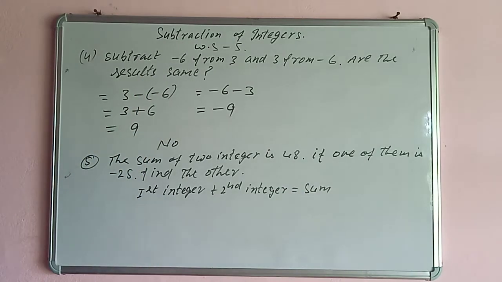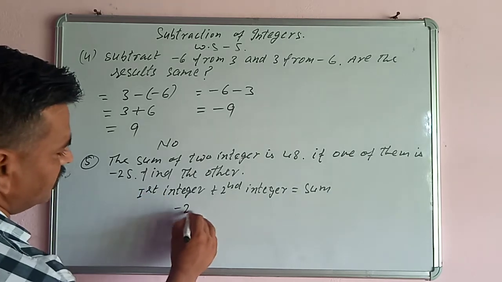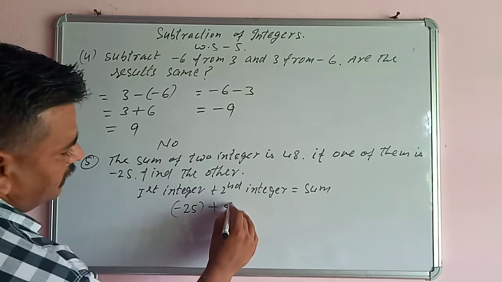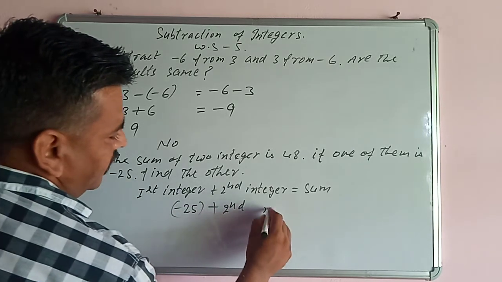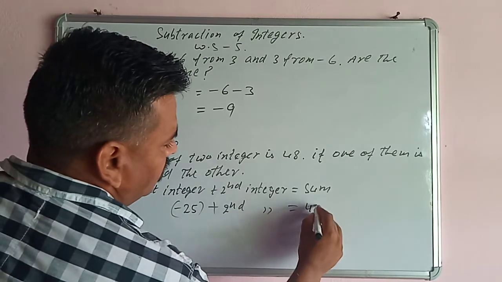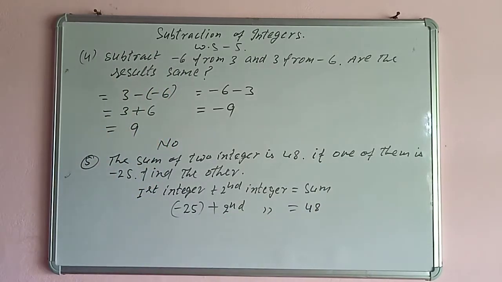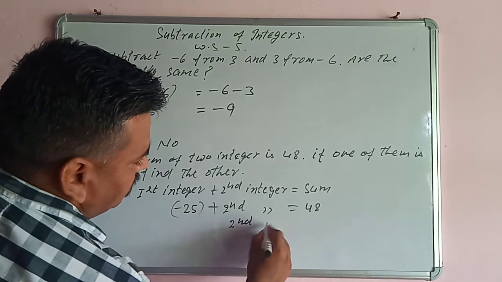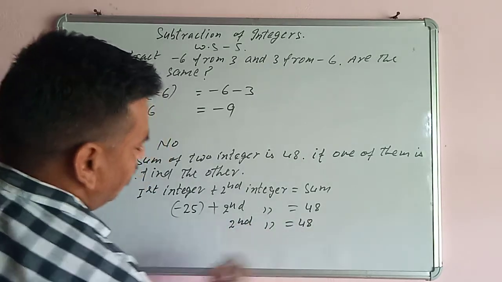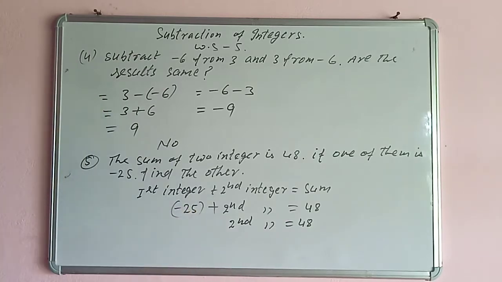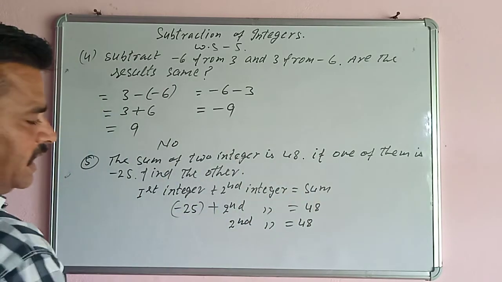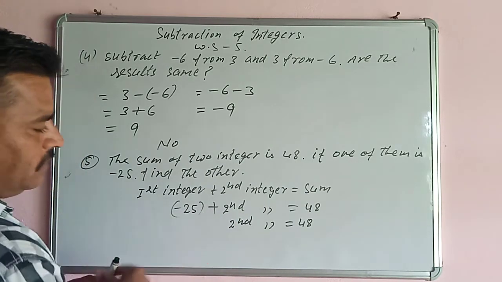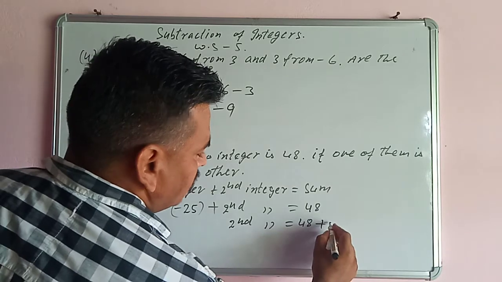Now we will put the value, first integer, that is minus 25, plus second integer we are going to find, and the sum is 48. Now we will find the second integer. So second integer is equal to 48, and we will shift this minus 25 to right hand side. So when we shift this to right hand side, this negative changes into positive.